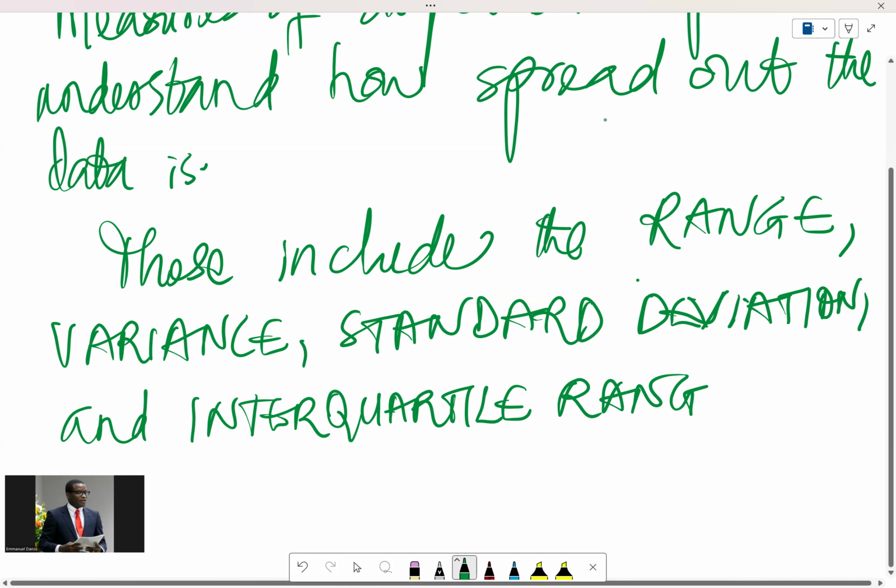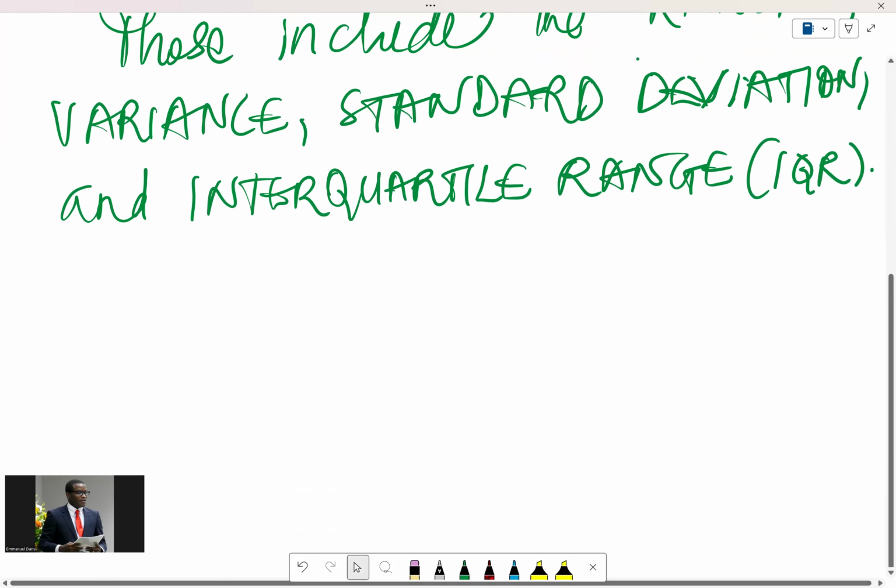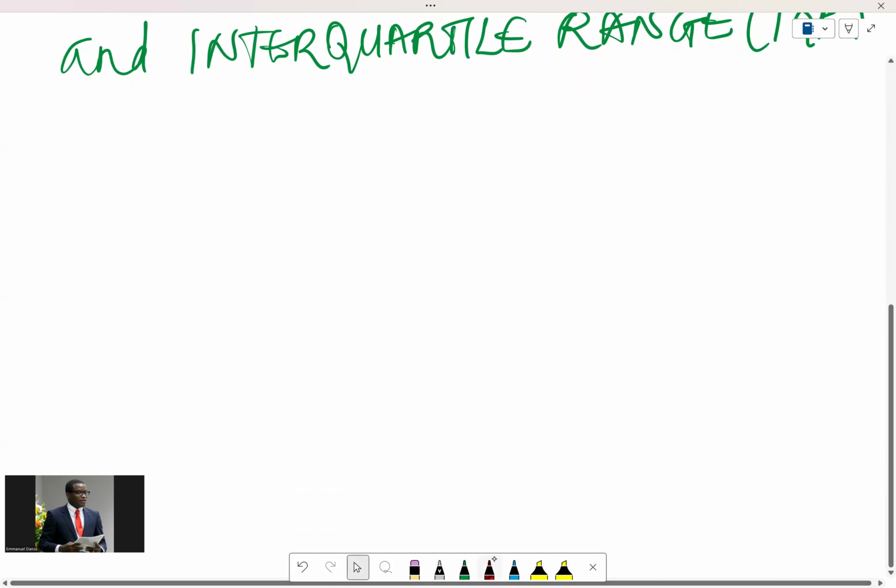So these are the measures of dispersion or variability. Okay, let's take them one after the other and see what we can do with them.